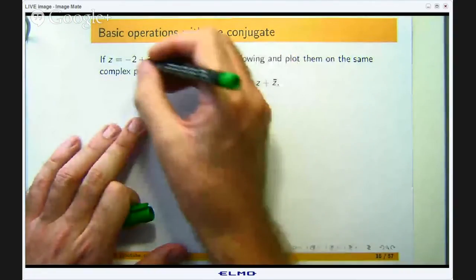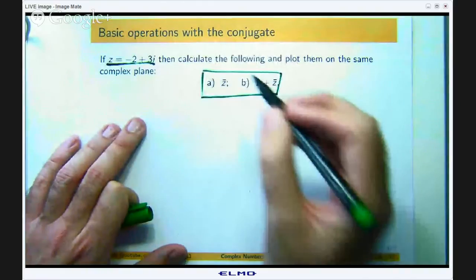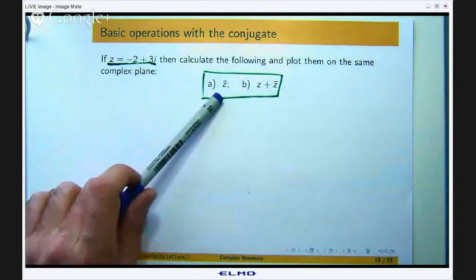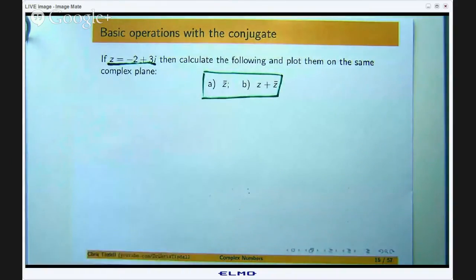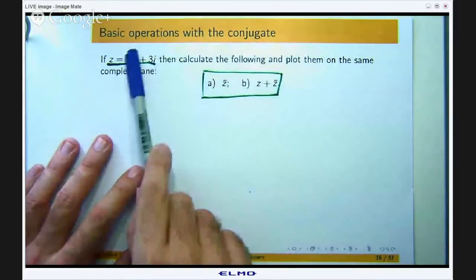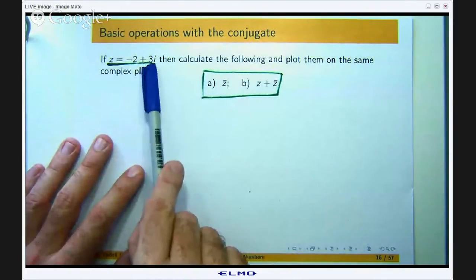Here I've got a complex number z, and I'm asked to calculate and plot the following expressions: z bar and z plus z bar. This is a really easy example because we can work out where we want to be without doing any calculations. If that's z, for z bar I just change the sign on that 3i to negative 3i.